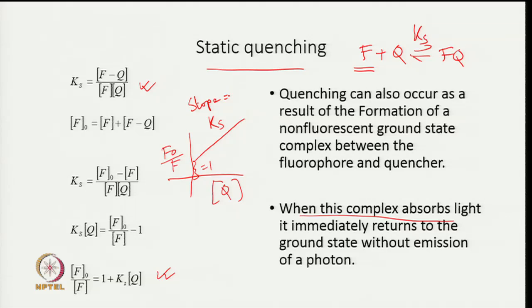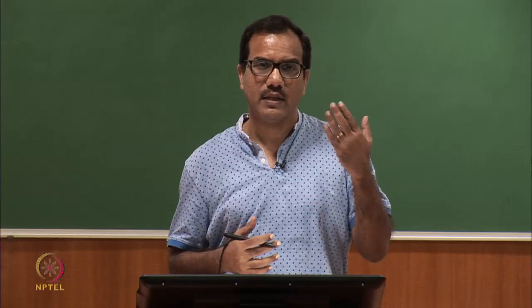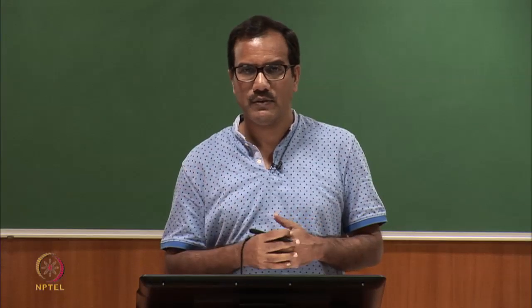So, both Ksv and Ks can be calculated using this plot of F naught by F versus the concentration of Q. Either we are going to get a Ksv value or a Ks value.